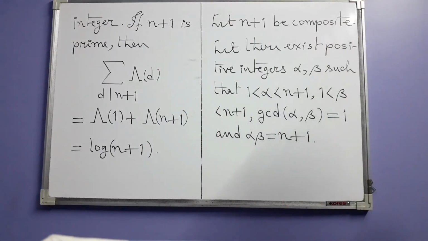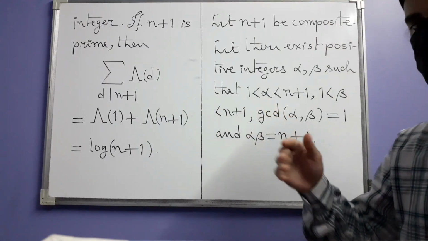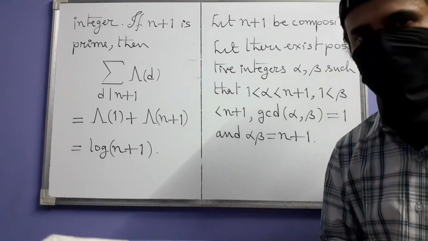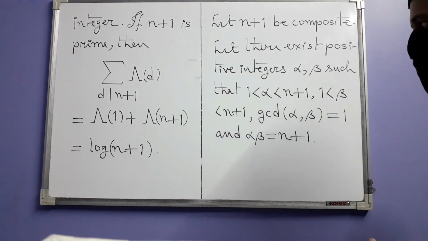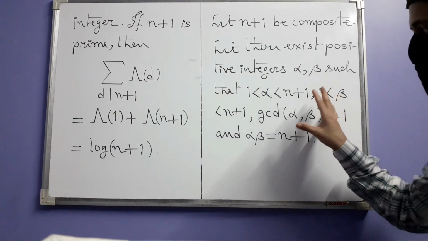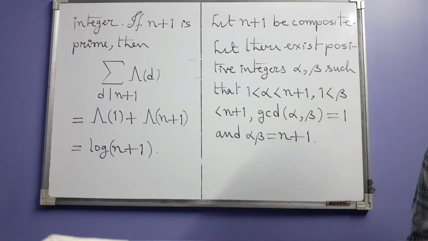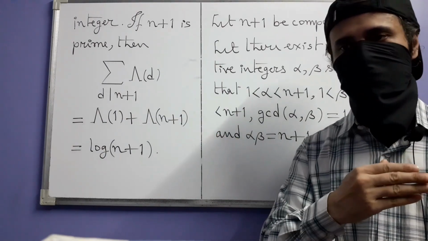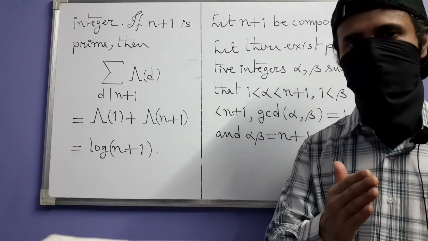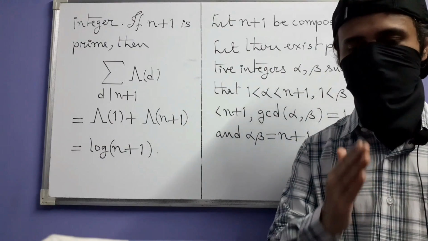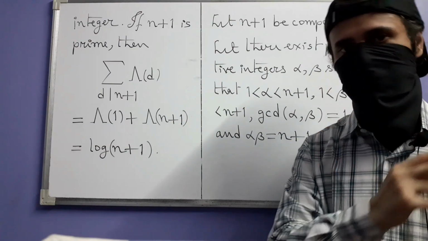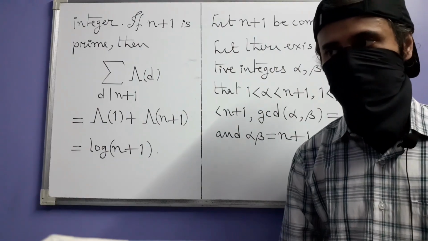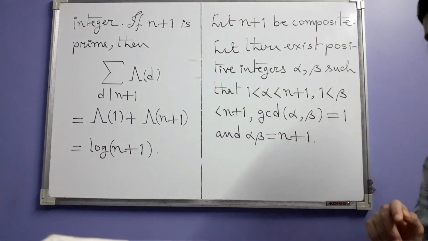So as alpha you can take 4 and as beta you can take 3. So actually when are we having this case? We are having this case for those numbers where the prime factorizations have at least 2 distinct primes. Otherwise you won't have this condition.